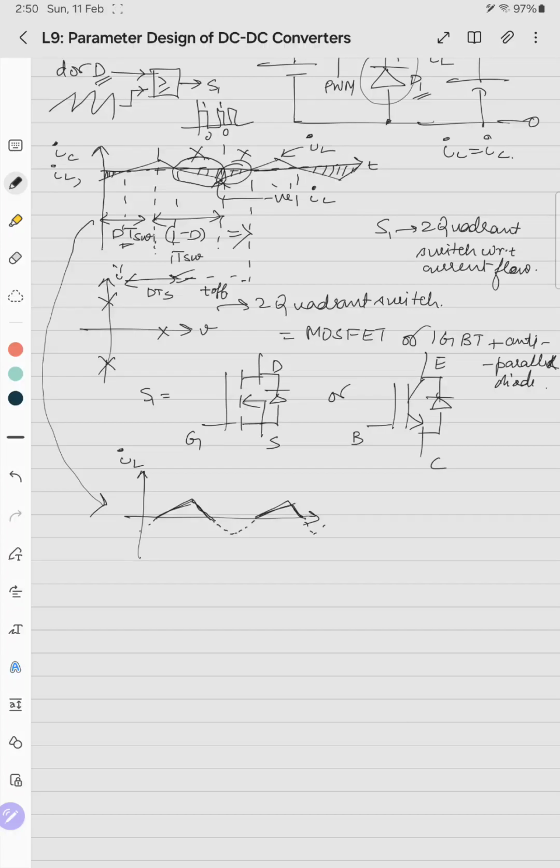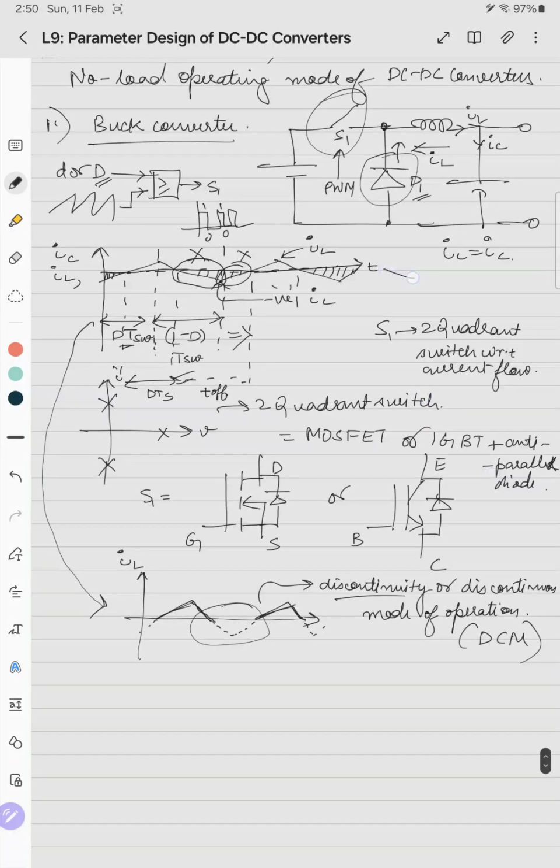So this results in discontinuity, or the discontinuous mode of operation, which is also called DCM.